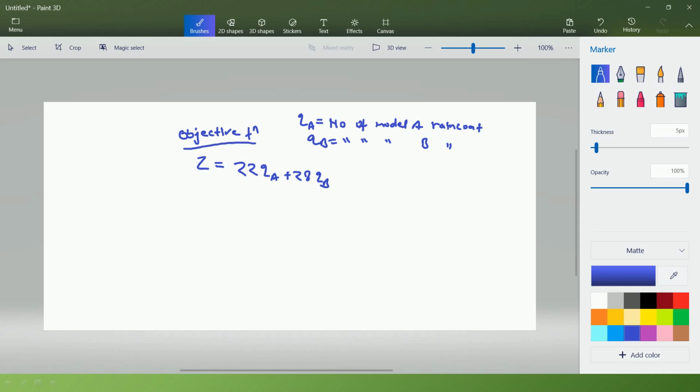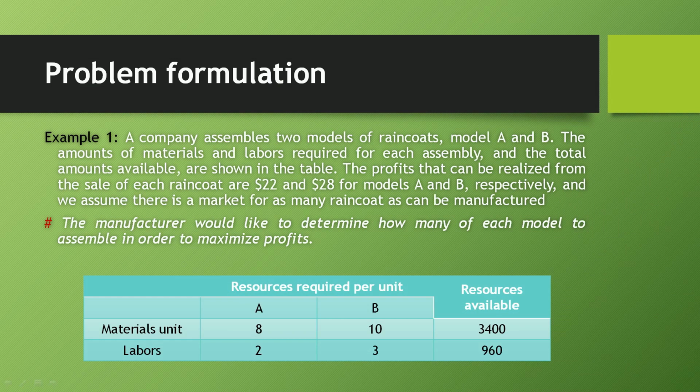Okay. Now we have to determine the constraint equations or decision variables. The data is given in the table. The data shows the resources required per unit.